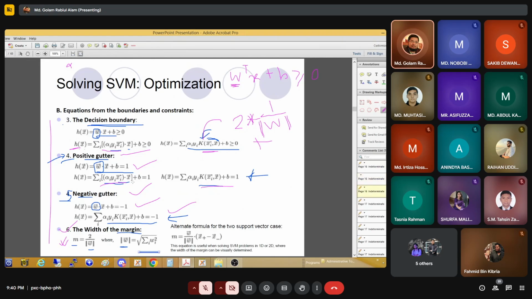So now utilizing those equations, we can solve any support vector machine problem for any data set, specifically considering that the problem is linear, we can solve it utilizing the linear support vector machine.